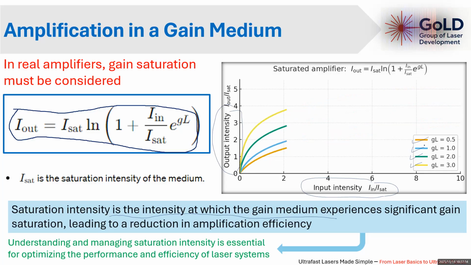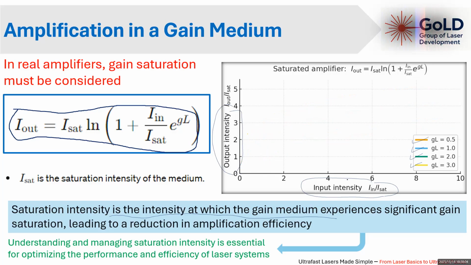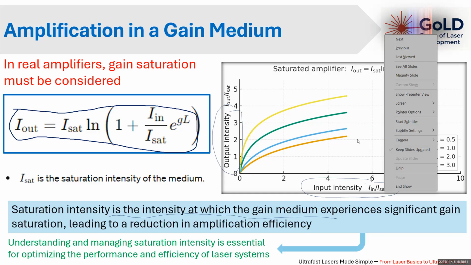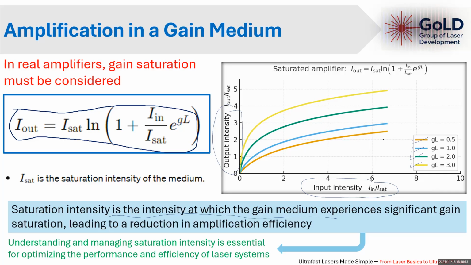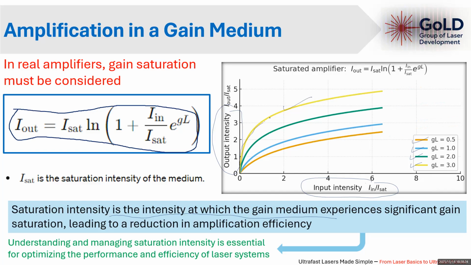So what do you see here? In the case of orange, GL 0.5, there is an increase in the output intensity with the input intensity, but that increase is not that much. If you go further, like the maximum one, the yellow one here, then you can see a significant increase in the intensity.